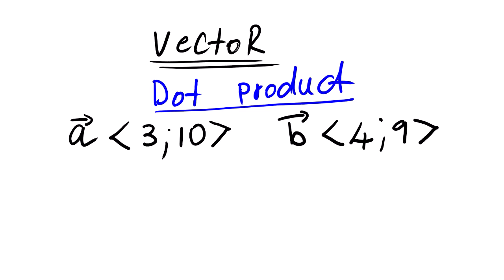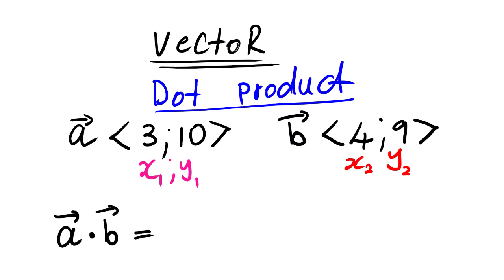Now, from earlier classes, we know that this is x, this will be y, this will also be x, this will be y. Let us actually say this is x2, y2, this is x1, y1. Now, what is the dot product? We should be able to know that this is not the same as this.